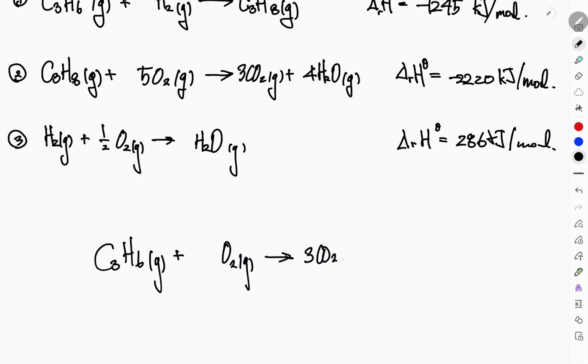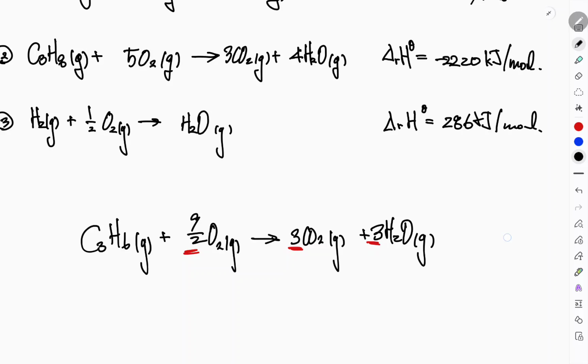We are going to calculate the enthalpy change for this chemical reaction with these 3 chemical reactions. As you can see, we would like to know this one, and this one and this one are cancelled.